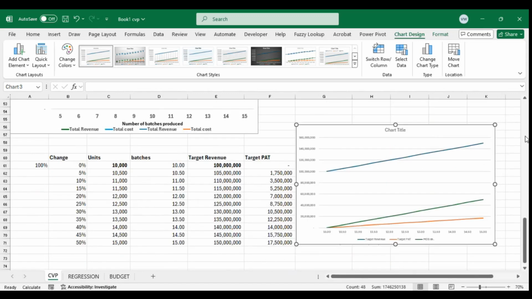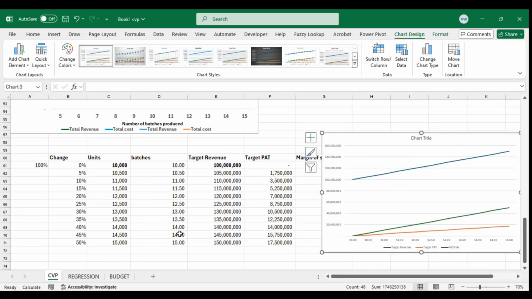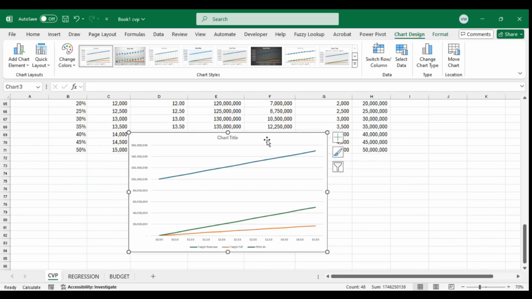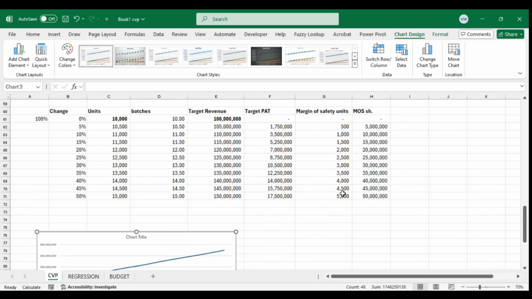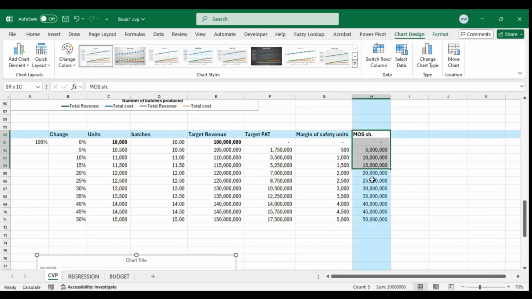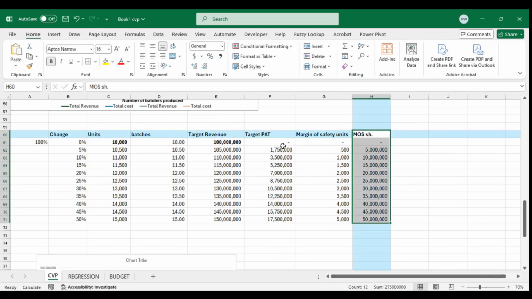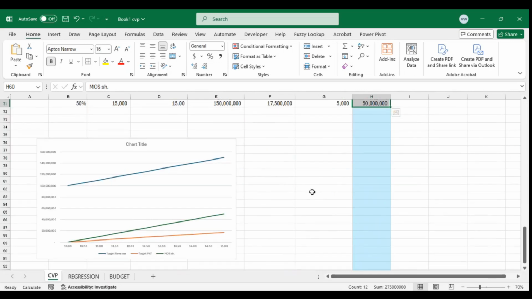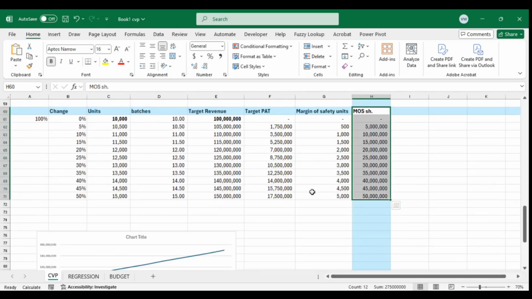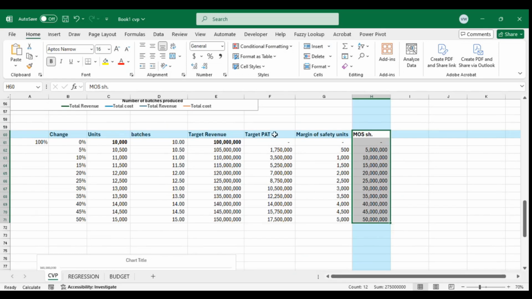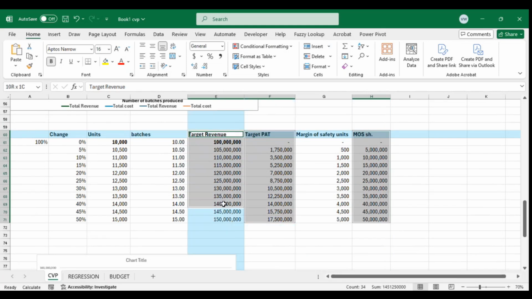So what we can do alternatively, we can still have our margin of safety and have our target profit and target revenue. Let's see whether we can have it as a column.